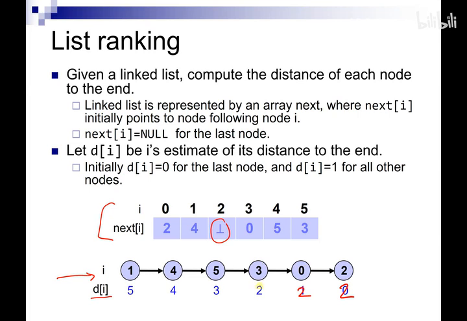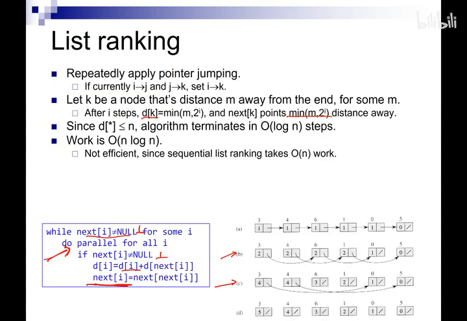This node outputs 3 plus 2, which is 5. And this node outputs 10, 14, and then 15. So this is the problem that we're trying to solve, which is prefix sum on a linked list.